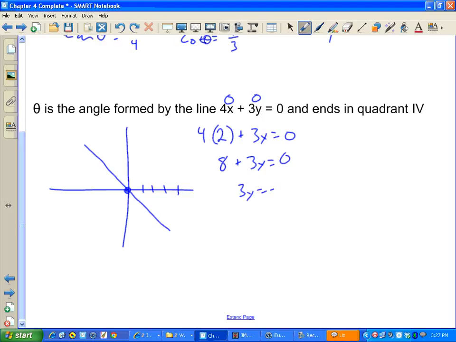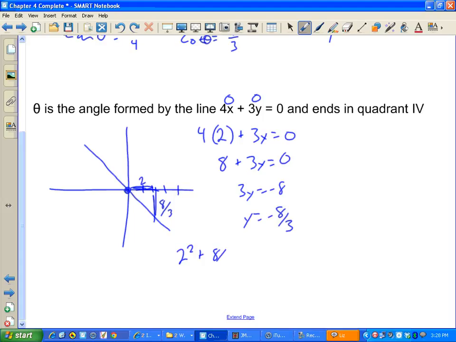Subtract the 8 over, divide by 3. So now I've got a y value. So I've got this triangle that I've made. Okay? So I've got 2. This is down 8/3. Use my Pythagorean theorem to find my r.